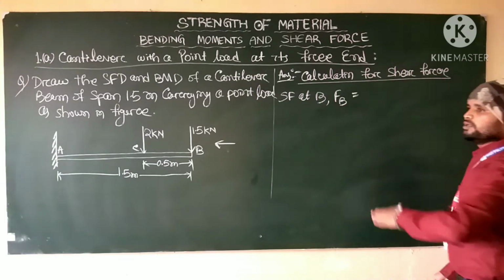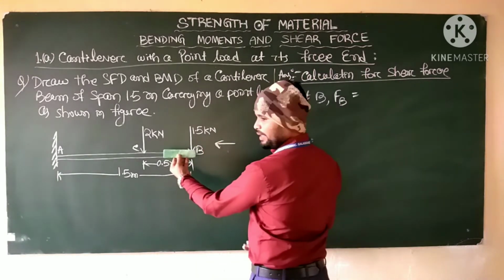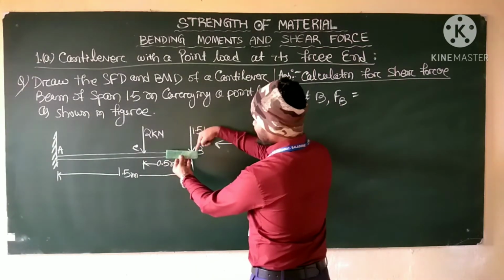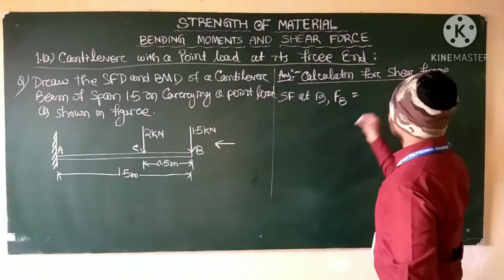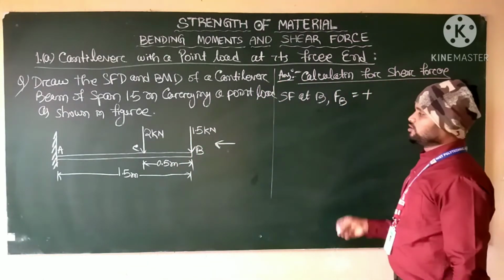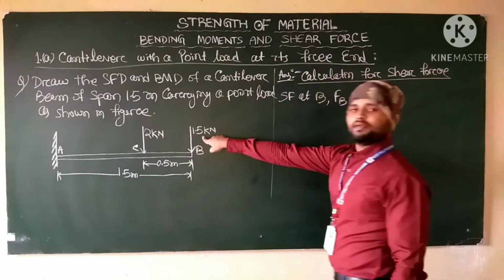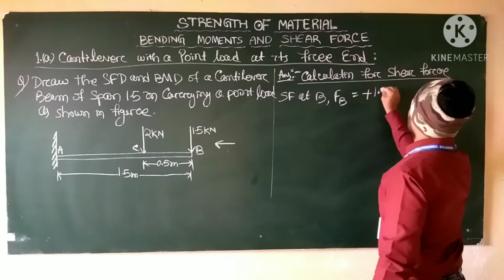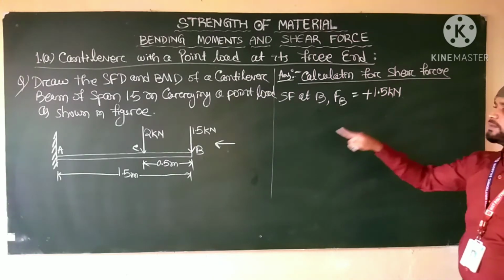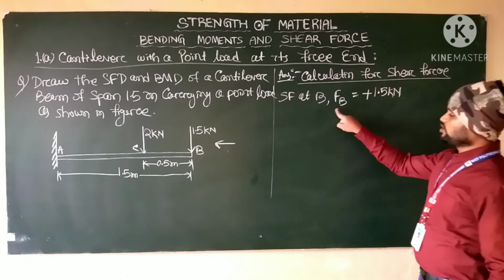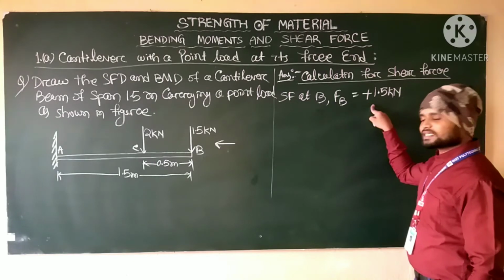So first we will determine the sign convention. If there is a beam and load is applied at the right hand side, then the right hand side will slide downward. If the right hand side slides downward, we can say it is a positive shear force. So plus. Then what is the amount of load at B? 1.5 kilonewton. So plus 1.5 kilonewton. This is the amount of shear force at B. How do we know the sign?